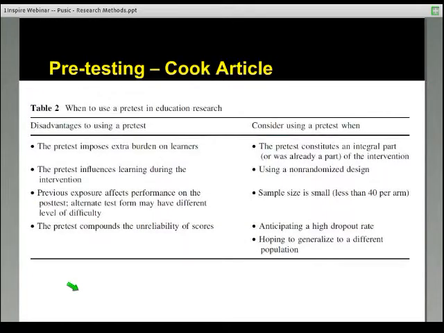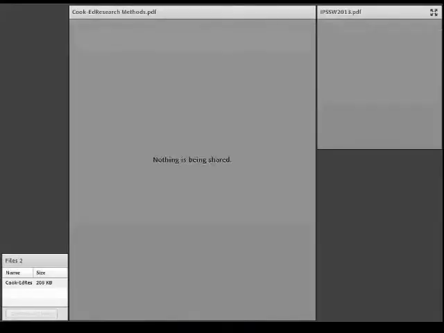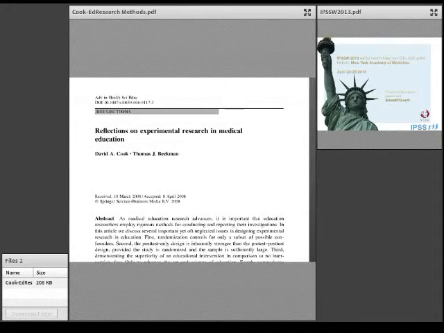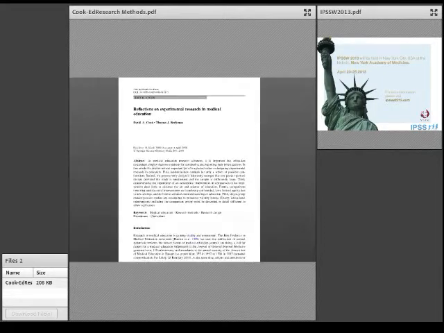So Katie, can you put up the David Cook article for me? Perfect, thank you. This is available for you to download, and this is a great article out of the Mayo Clinic by David Cook, who, if you've done any computer-aided instruction research at all, you know quite well, because he's prolific in terms of his publications.